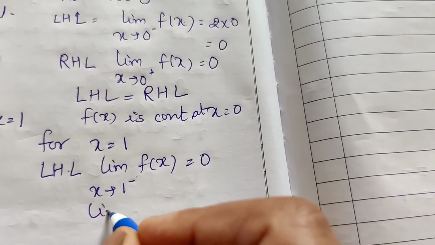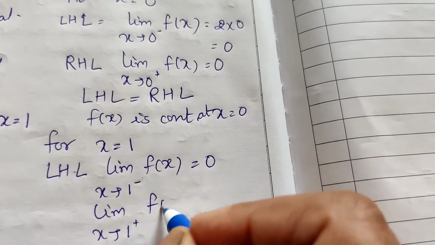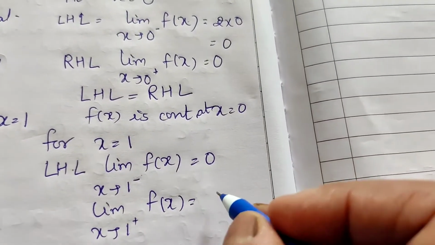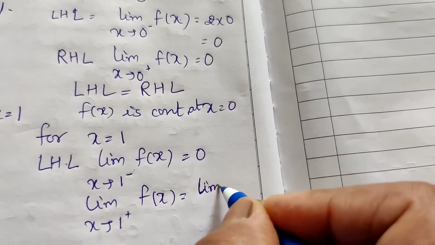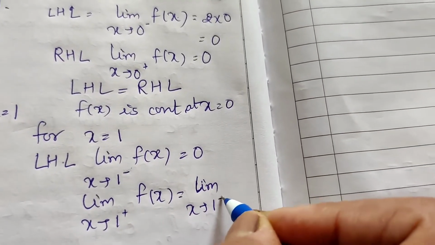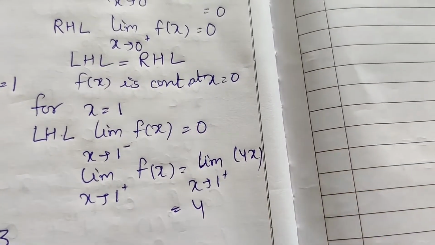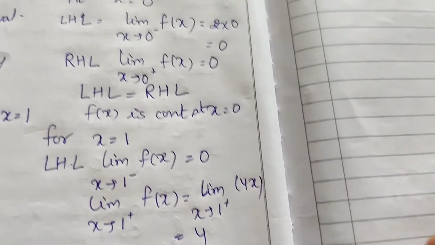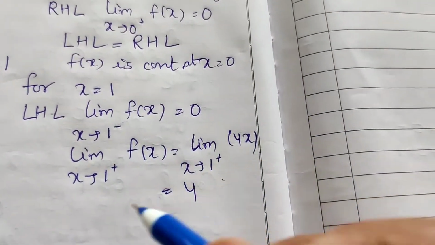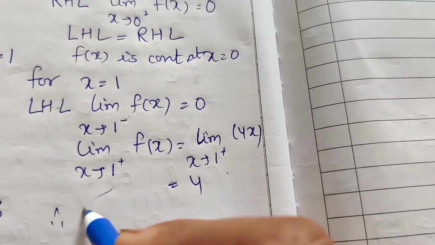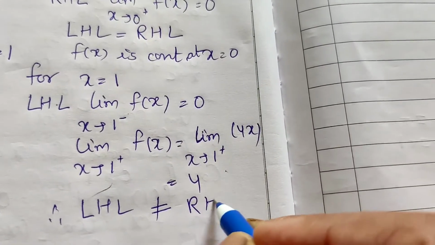And when x is greater than 1, the function value is 4x, which means the limit is 4. Therefore, left hand limit is not equal to right hand limit.